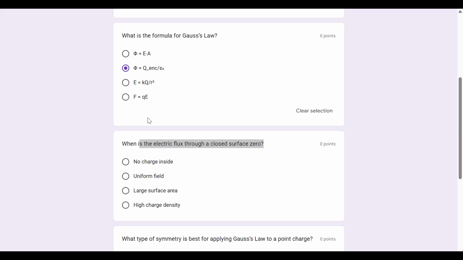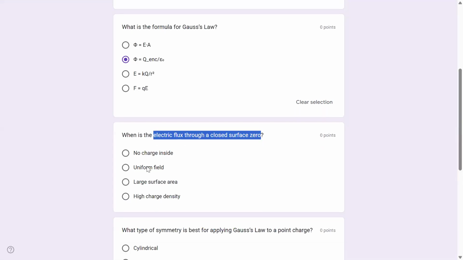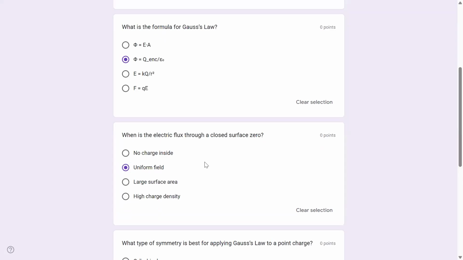Some of the students choose option 1 and some of the students choose option 2. Which one is correct? Okay, let me check.